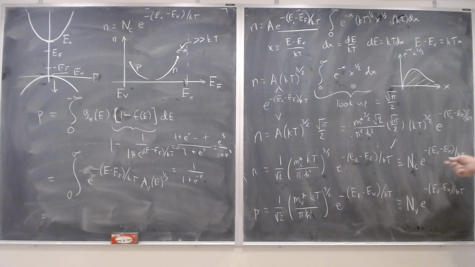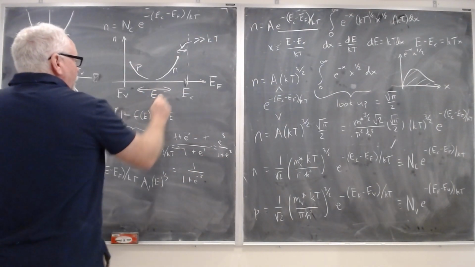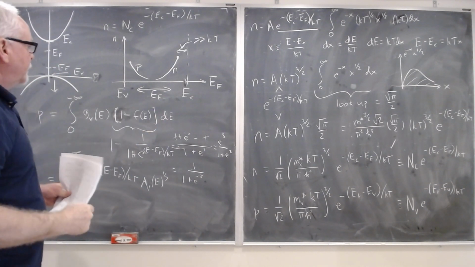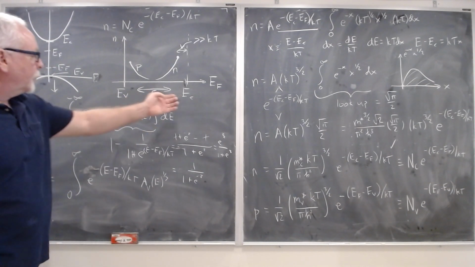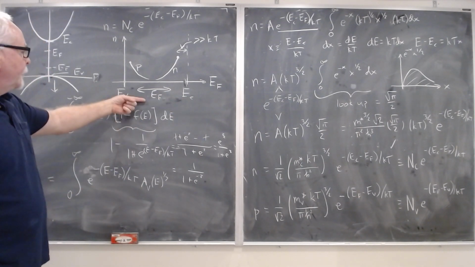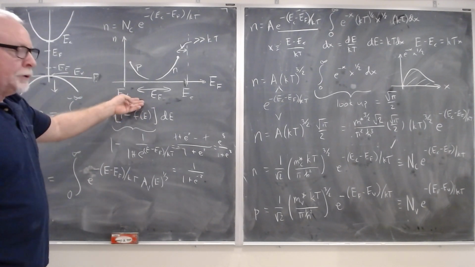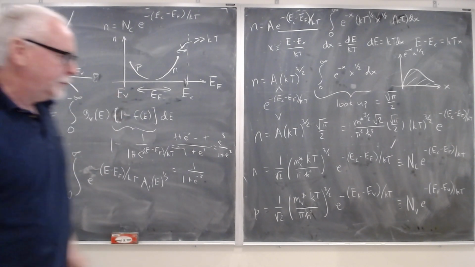And again, I've written things so that it's e to the minus a positive quantity. For the case of electrons, that positive quantity is EC minus EF. For the case of holes, it's EF minus EV, because EF ranges between EV and EC. And so for electrons, the positive quantity is EC minus EF, and it's e to the minus that over kT. For holes, it's EF minus EV, and it goes up as it gets closer to the valence band.